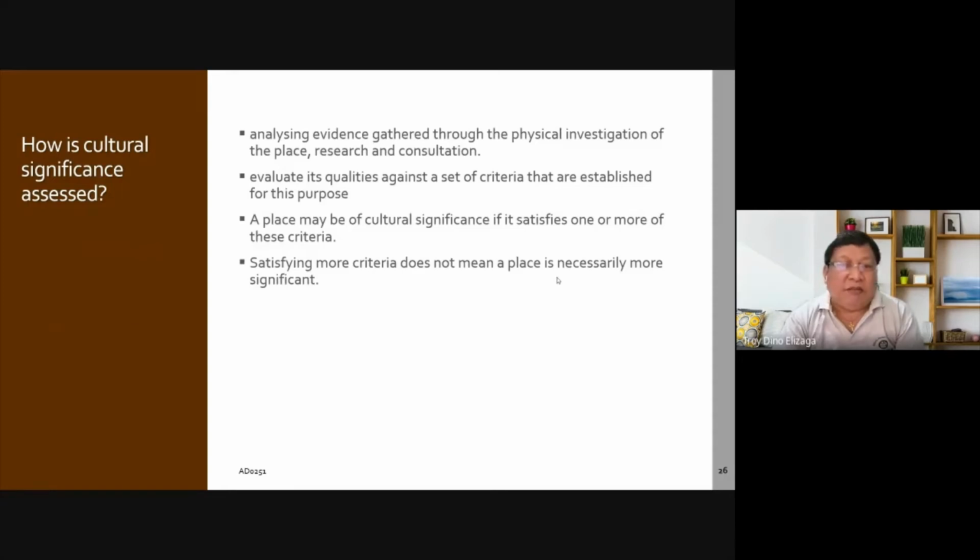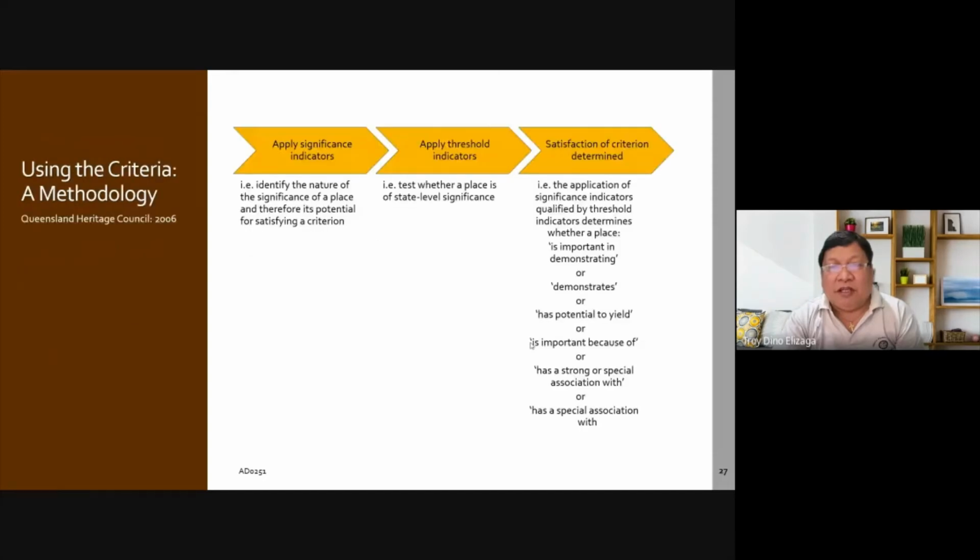The place may be of cultural significance if it satisfies one or more of these criteria, and satisfying more criteria does not mean a place is necessarily more significant. It might be a surprise that, in the example I will give, out of 10 criteria, you only need to satisfy one to have cultural significance.